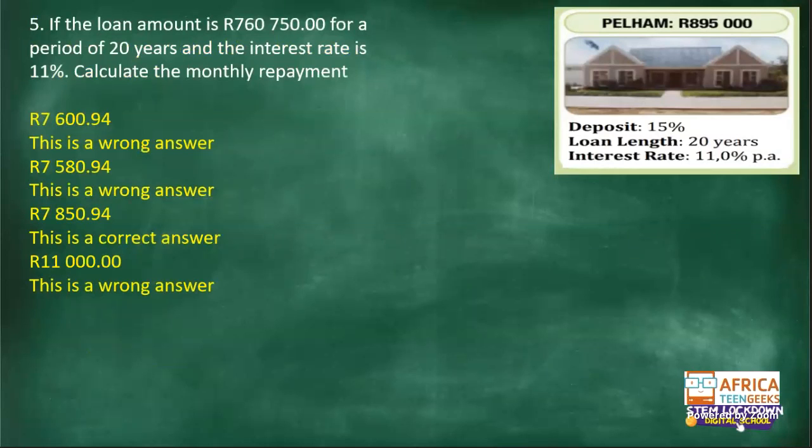And of course, we can see that the loan will proceed for a period of 20 years at the same interest rate, which is 11%, so we can calculate the monthly repayment now. We've calculated the first one. And here we are now showing you the different options. You can see that the correct option there is 7,850 rands and 94.